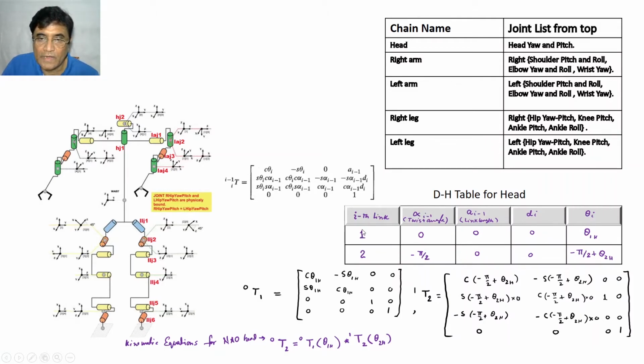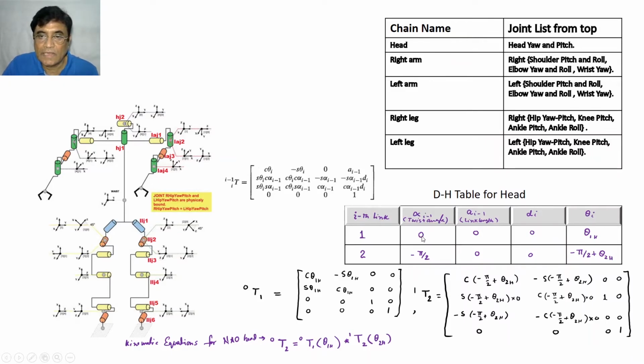For link 1, we have assigned link 1 in such a way at the head. This is link 1, and that is the Z axis direction. Because this is Z1, and for this link length, the Z axes are collinear.